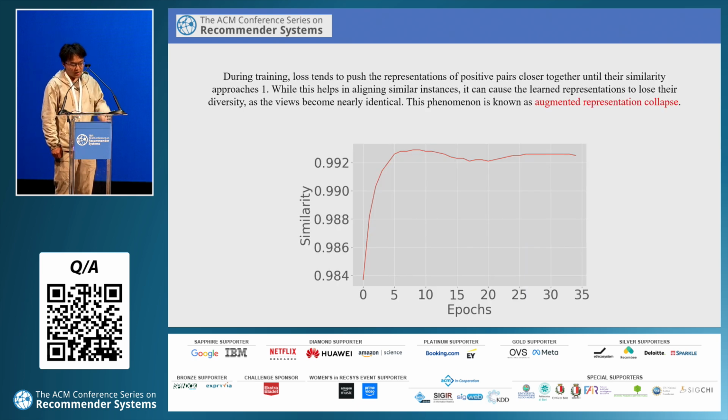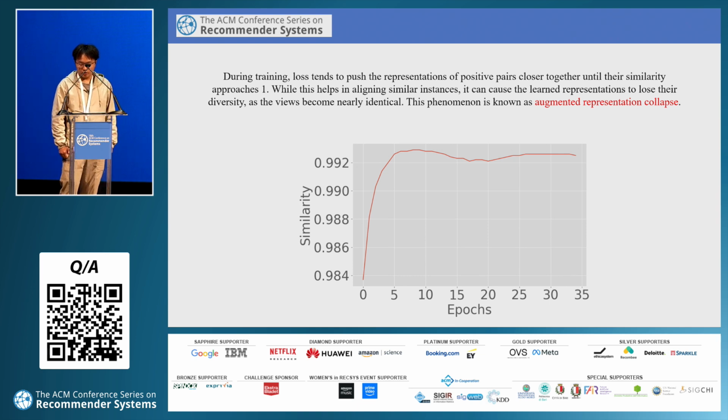they are losing critical distinguishing features needed for effective recommendations. So, the main reason behind the augmented representation collapse in existing GCL methods lies in the nature of their contrastive loss function. The loss function is the InfoNCE loss, and it is designed to maximize the similarity between positive pairs while minimizing the similarity between negative pairs.